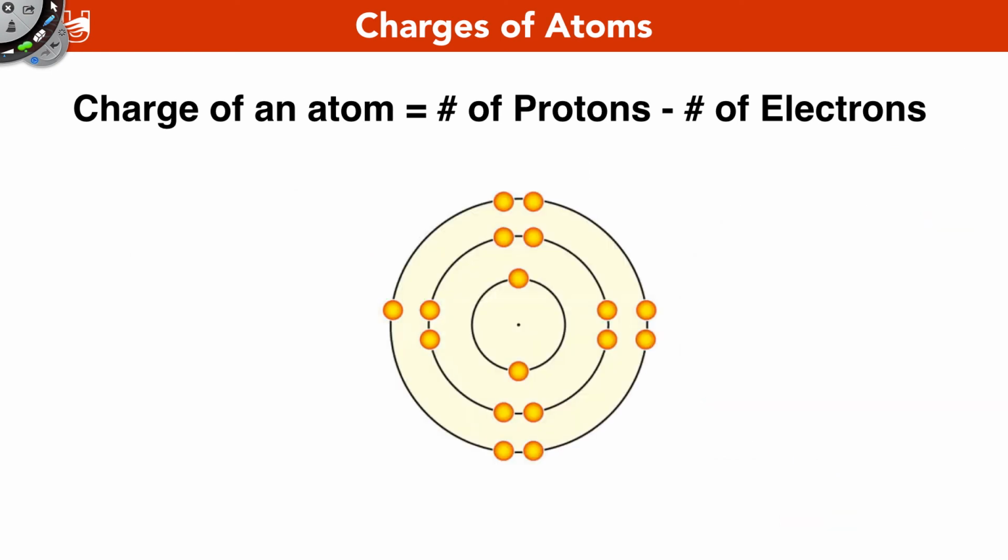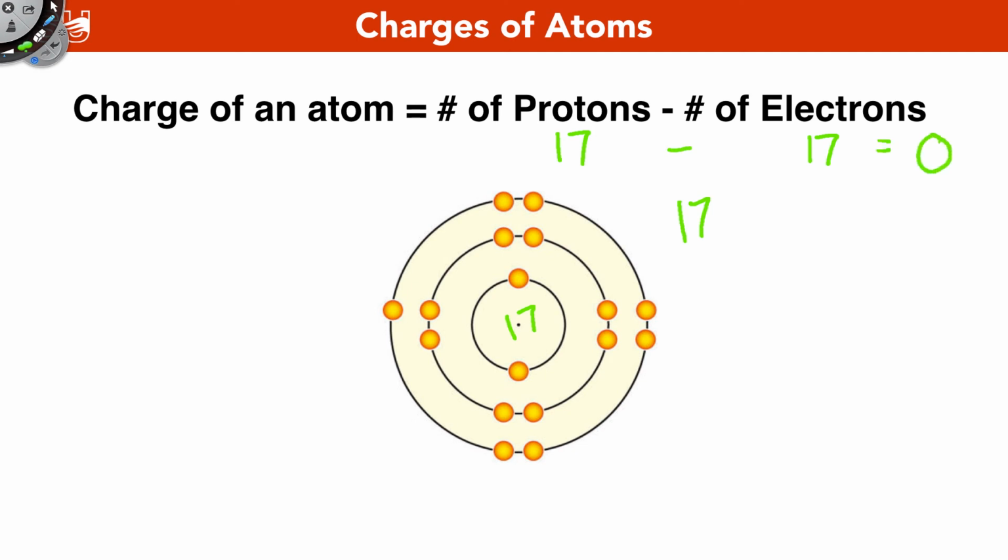Okay, let's do another example. Here we have 17 protons. So I'm going to put 17 in the center here. And we count the number of orange spheres surrounding that and all those orbitals. And we come up with the number 17 also. So here we have 17 protons and 17 electrons. 17 minus 17 equals 0, right?